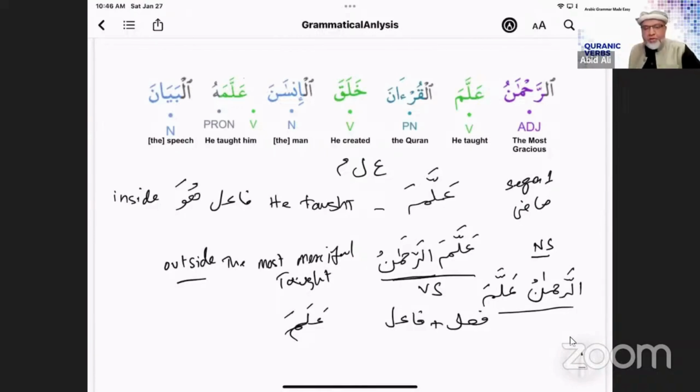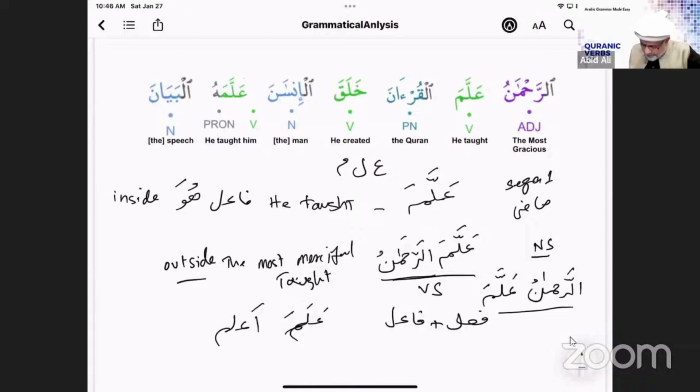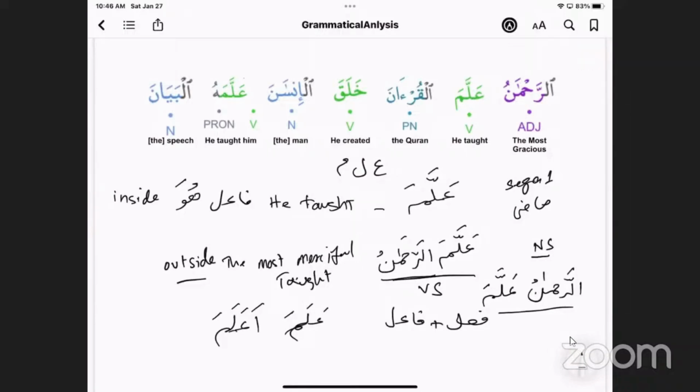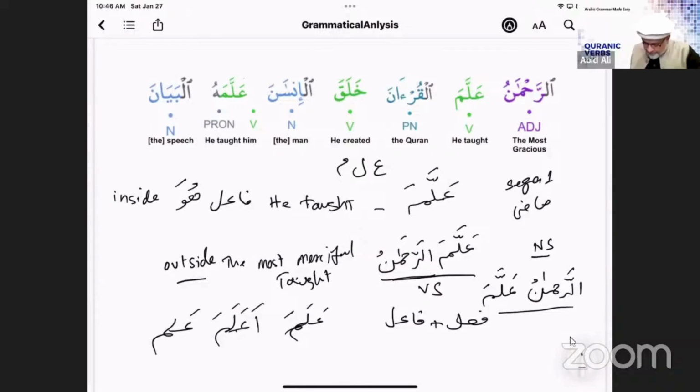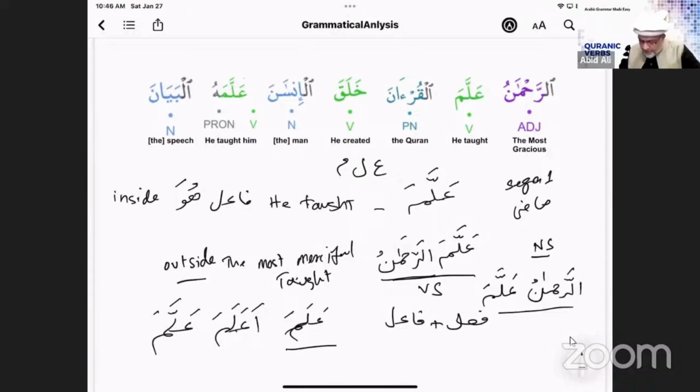If you put the same thing in Bab If'āl, it will become A'lama. In the Bab Taf'eel, it will become Allama. So there is a difference between Alima, he knows, or he knew.